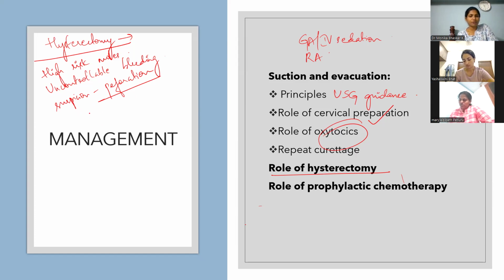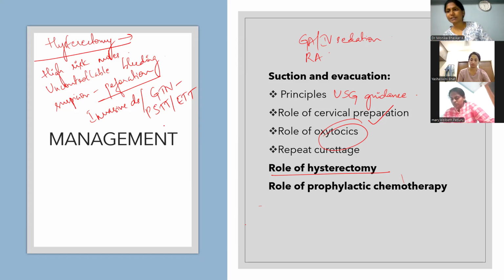And as you already told, invasive disease and some GTNs like persistent placental site trophoblastic tumor and epithelioid trophoblastic tumor. These are the two conditions, and this is a type of gestational trophoblastic neoplasia which is chemo resistant. We cannot give methotrexate or dactinomycin in these cases.